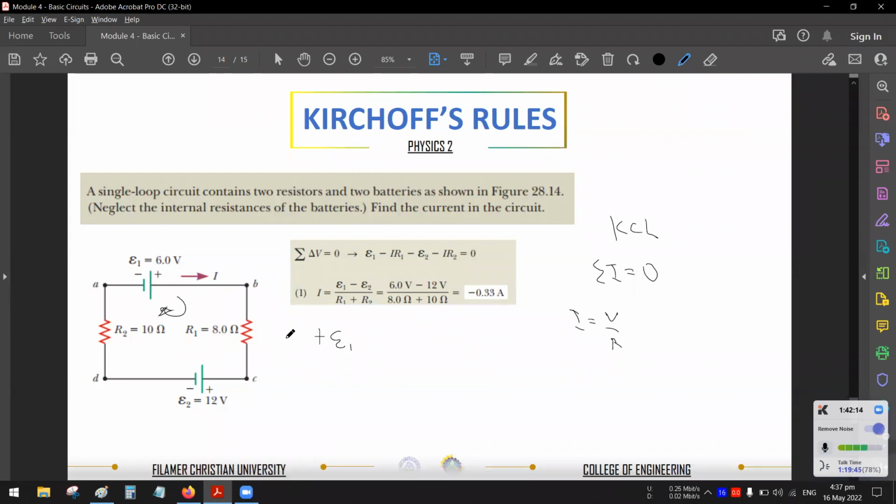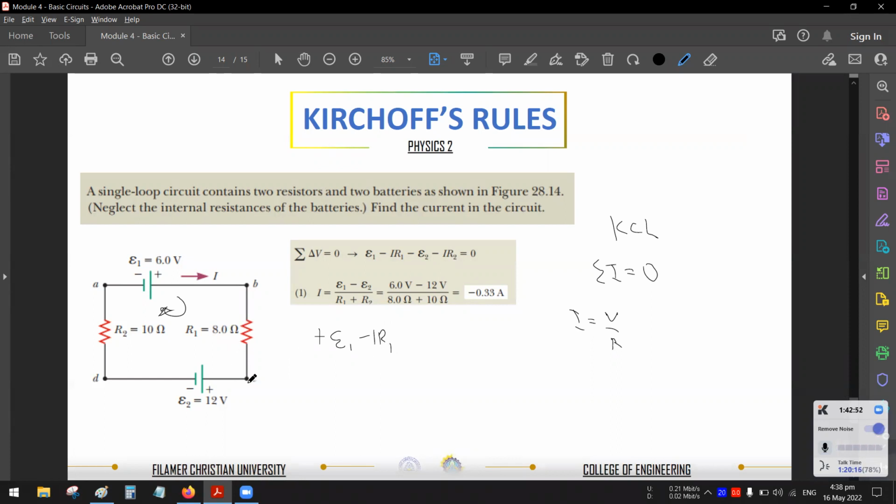So if a resistor is traversed in the direction of the current, meaning clockwise siya, clockwise din yung resistor natin, therefore you can have your negative potential difference. Okay, so you have your negative I multiplied by resistance 1.